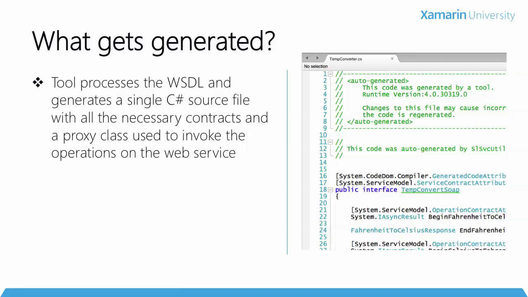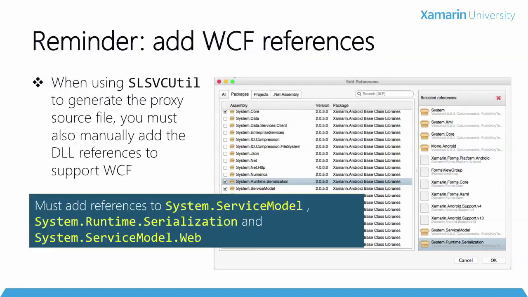You can then take this generated C# file and add it to your project. Now to compile that file, you will need to add the proper DLL references. Again, keep in mind these are only supplied with the business edition or higher of Xamarin.